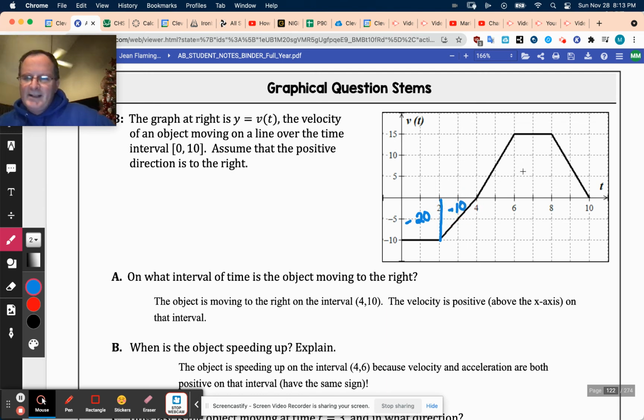Okay. And then it's going to ask us to go from 4 to 10. So we've got a trapezoid here. We could do a rectangle and a couple of triangles if you like. Remember that the area underneath the velocity curve is telling you how far you traveled. That's easy to understand if you're just going at a constant rate. It just creates a rectangle, but it doesn't have to be a rectangle.